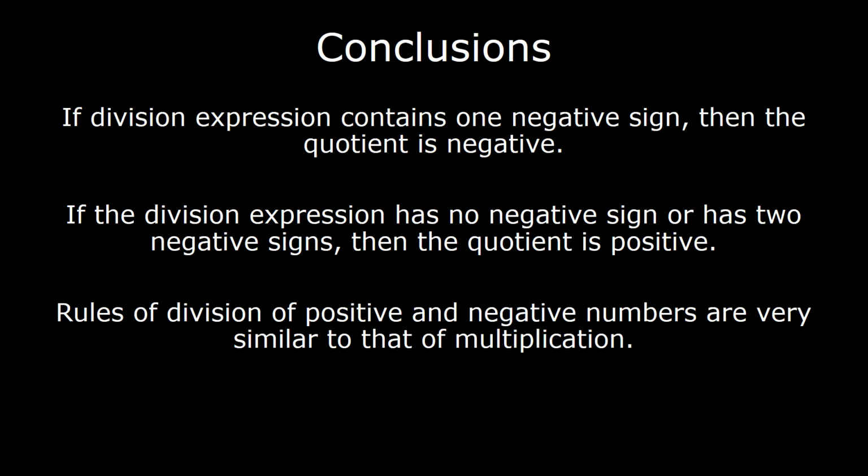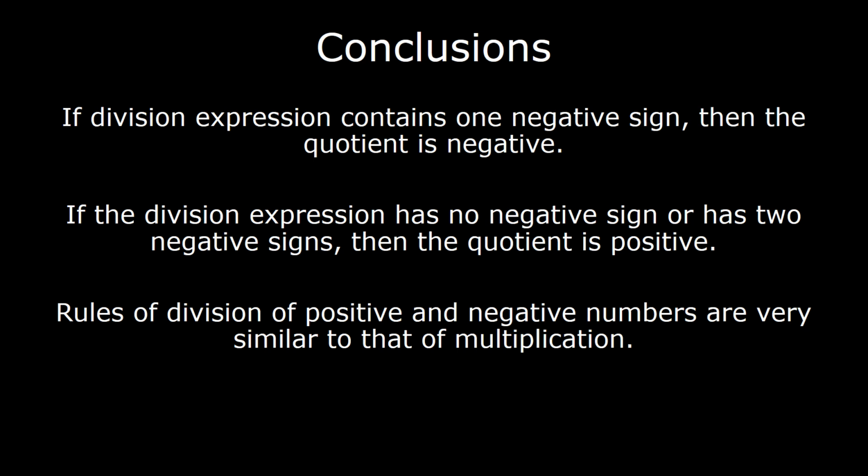This is the exact same as happens in multiplication. Similarly, if we had one negative sign, whether in the numerator as in the case of minus 21 upon 7 or in the denominator as in the case of 21 upon minus 7, the quotient would contain a negative sign. This is also just like it happens in multiplication, wherein you need one negative sign in order to get a negative product.